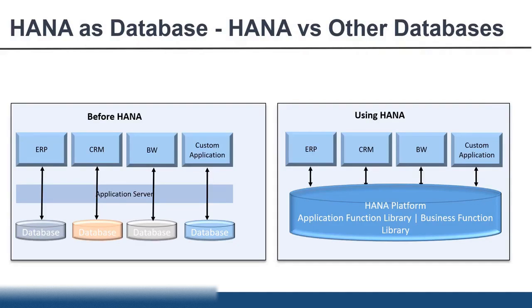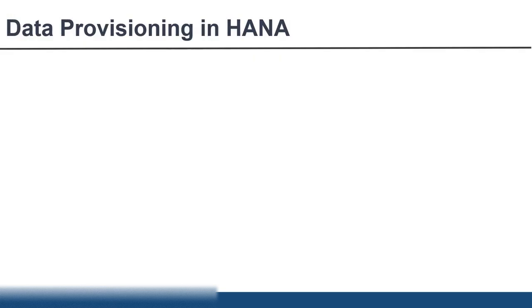So if you remember, you have also learned this, that with new architecture of S4HANA, HANA is not just a database, it is a platform which is a combination of database layer plus application layer, wherein you can see application function libraries and business function libraries which are built in within HANA platform. So these are the important differences between any other database and HANA database.